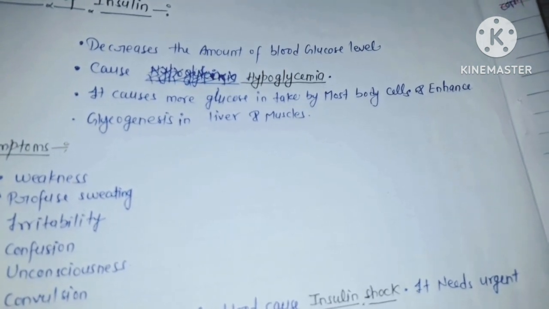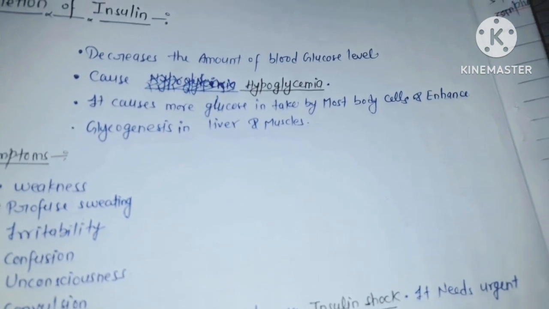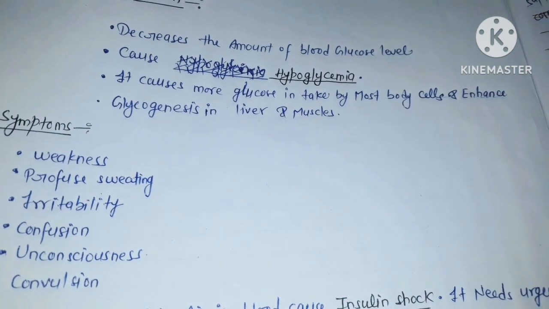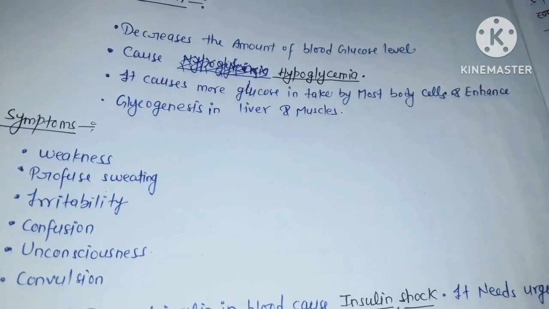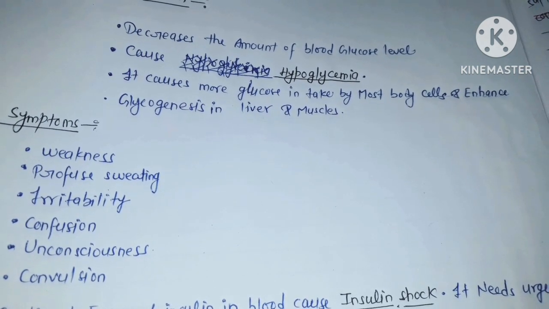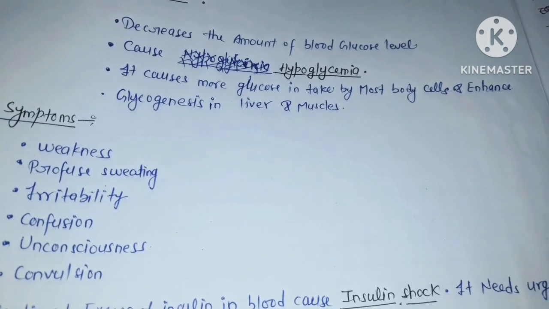Glycogenesis is a process in which glucose is transformed into fructose and sucrose. That is glycogenesis.